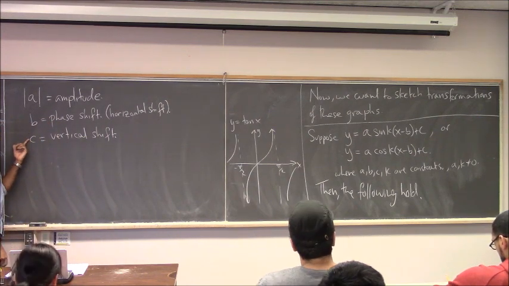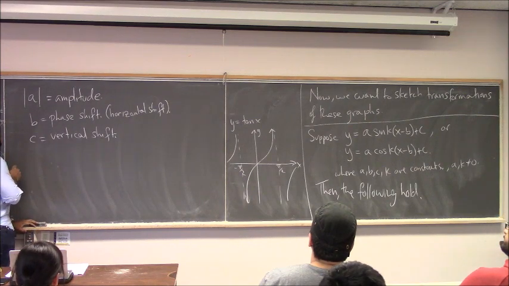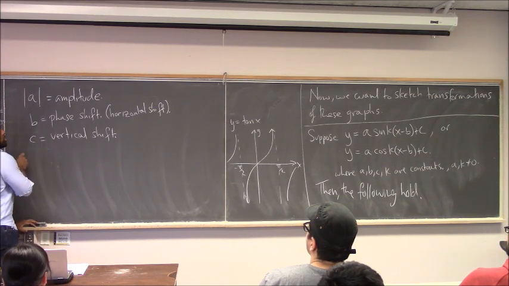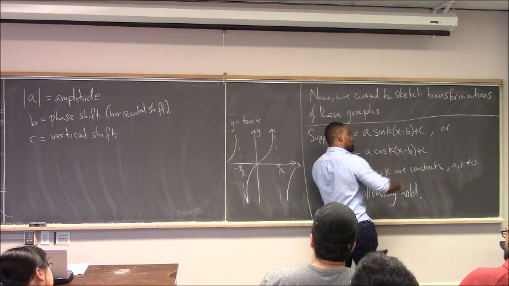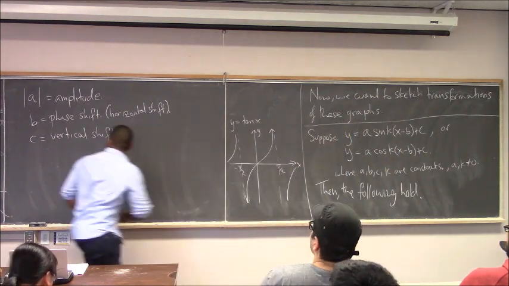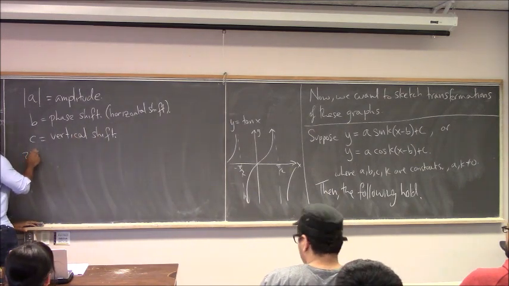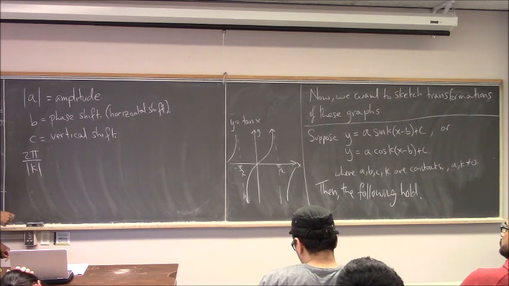This is what we're going to think of as our baseline. I'm going to talk about that pretty soon. Now, remember the period of a sine function and a cosine function was 2 pi? Here we're scaling it by k. So the period is going to be 2 pi, stretched or shrunk by a factor of k.